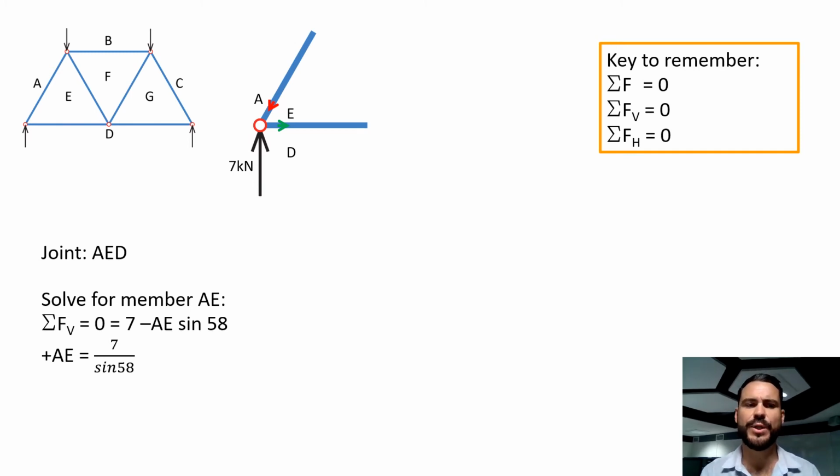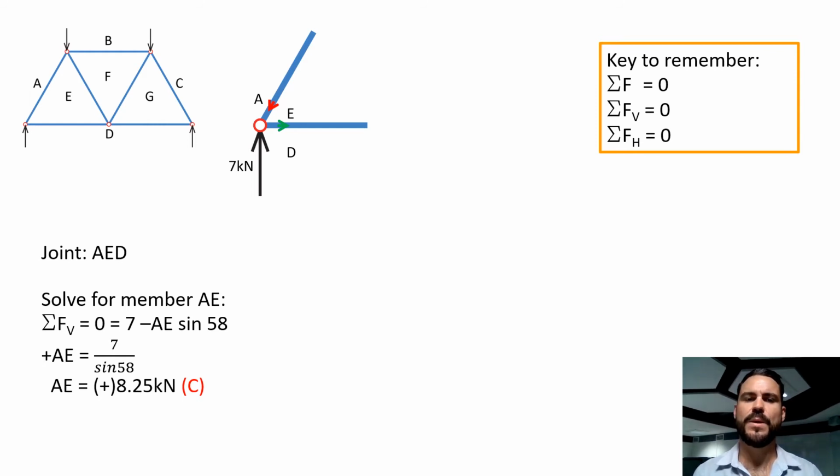So we've rearranged it, and we've now got plus AE equals 7 over sine 58. That then gives us 8.25 kilonewtons, and it's a positive value. What that positive value does is validate that the original prediction of compression is correct.